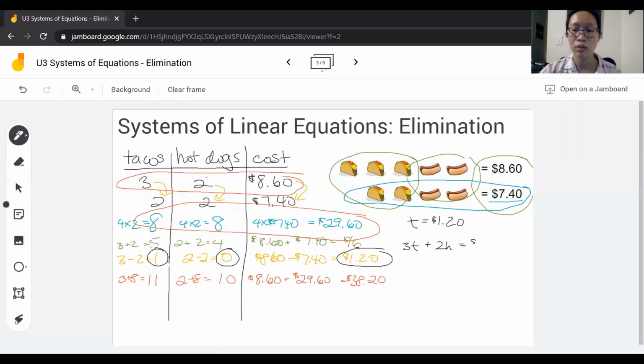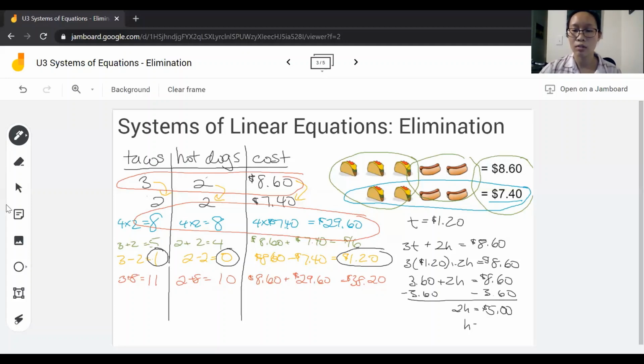So I'm just rewriting my top equation here, and in the place of t, I'm going to substitute in 120, and that gives me 3 times 120 is 360, plus 2h is equal to 860, and subtract the 360 from both sides. That leaves me with 2h is equal to $5, and h is equal to 250.